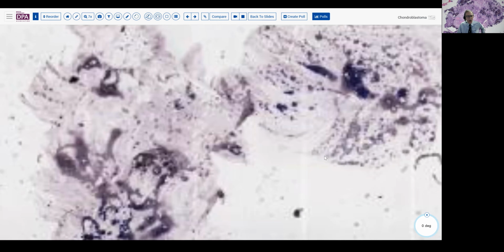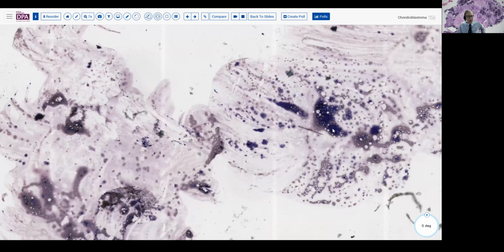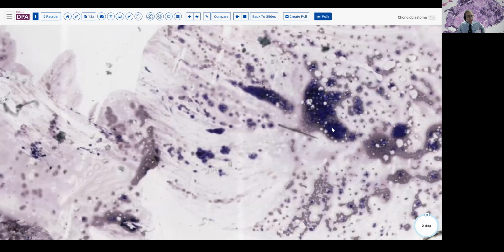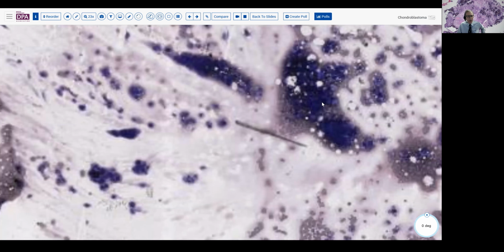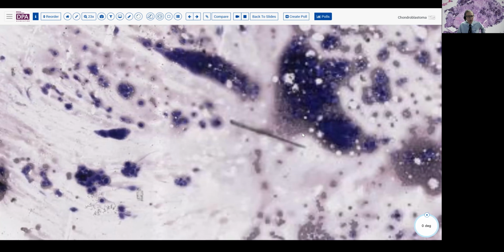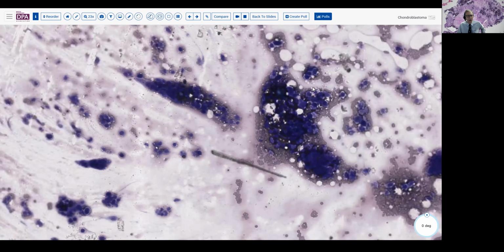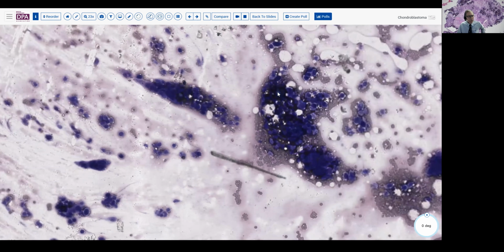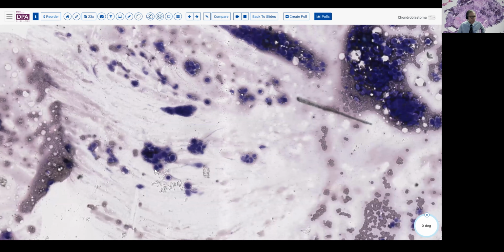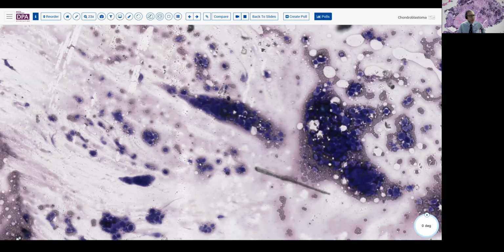We can see that there are maybe a few cell clusters here, and you get an idea that they're somewhat round oval cells, pretty reasonable sized nuclei, sort of single cell pattern in some areas and slightly clustered in other areas. So that gave us a little bit of idea of the cellular morphology from this touch prep.